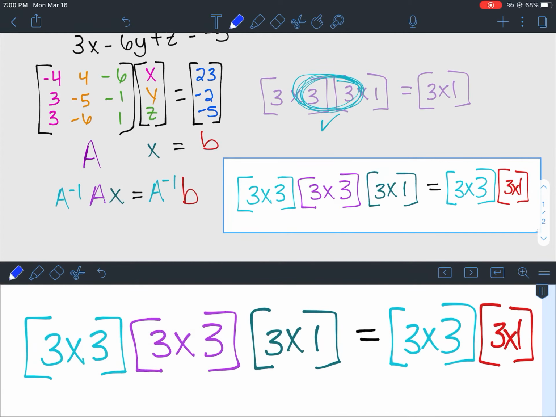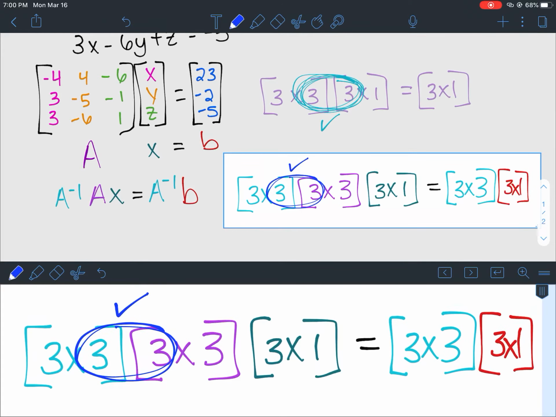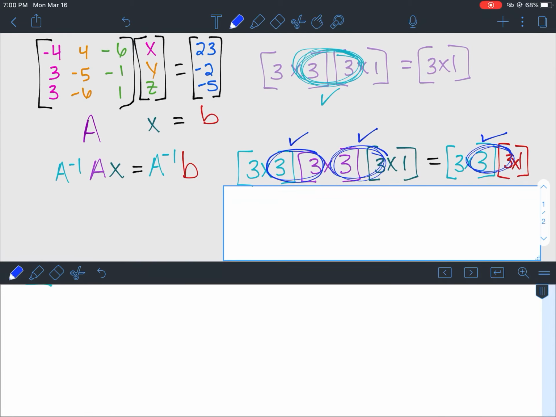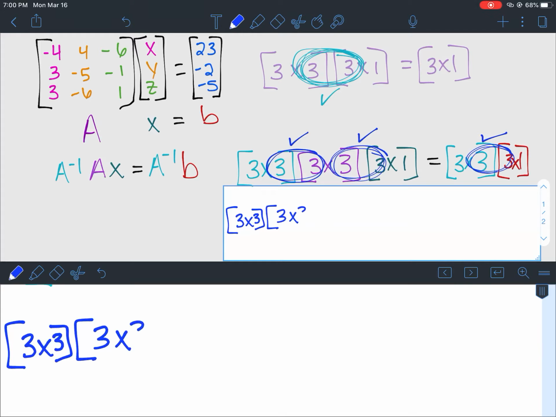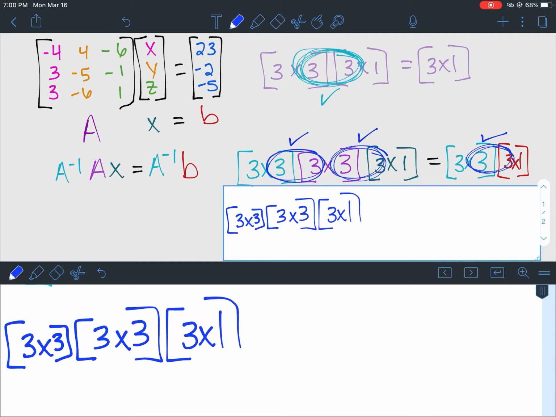If I checked myself, I'd have to go back through here and say, okay, do these two match? Yes, perfect, awesome. Do these two match? Yes, perfect, awesome. Do these two match? Yes, perfect, awesome. What I saw a lot of you guys doing was you got your inverse matrix times your original times the variable matrix.